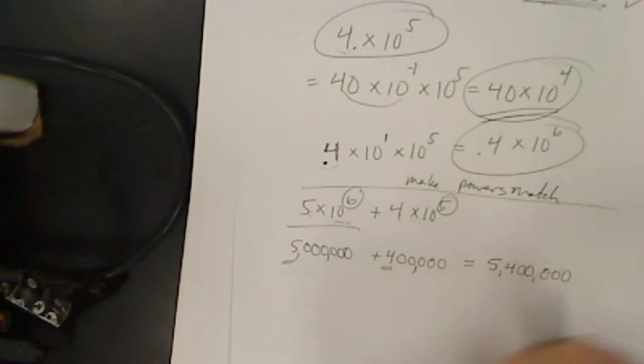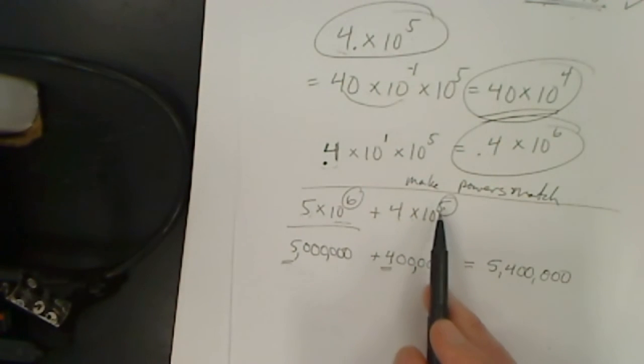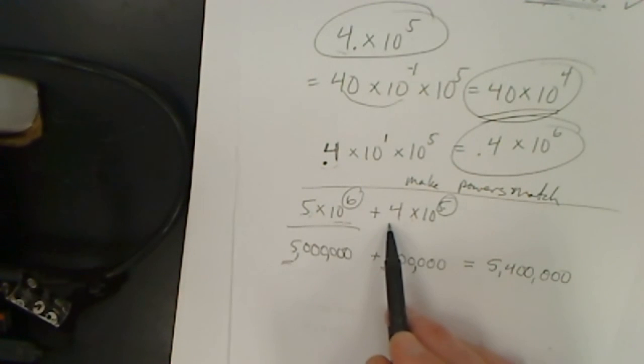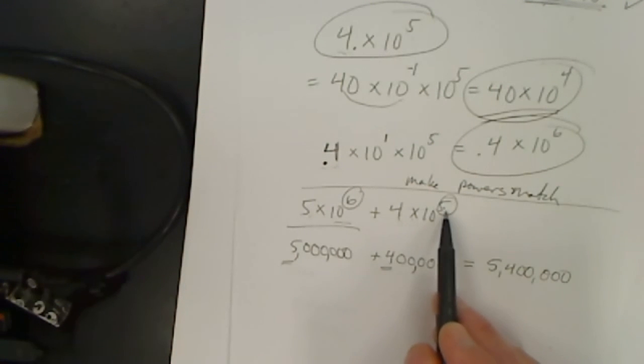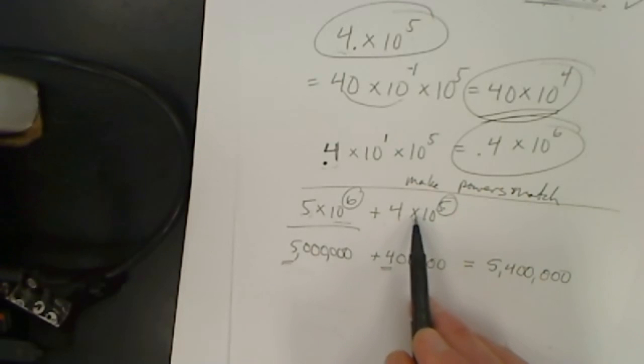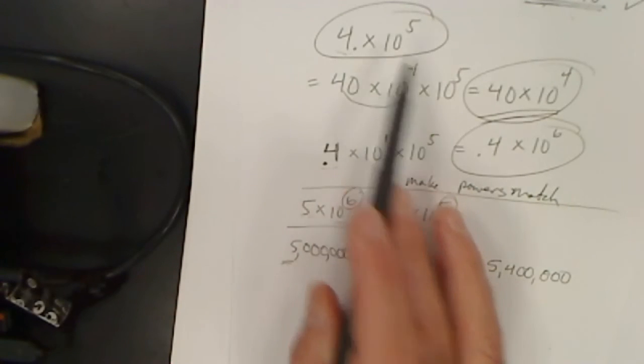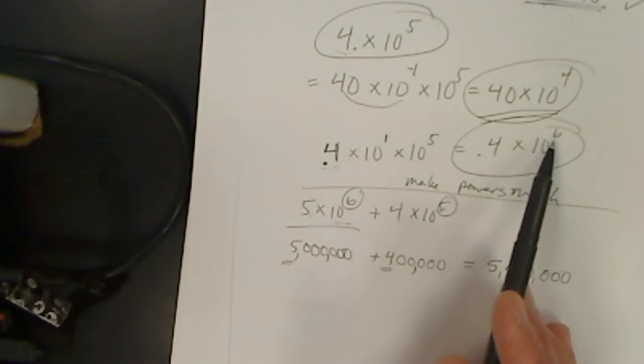So let's try to make it become a 6. How do you make 4 times 10 to the 5th become something times 10 to the 6th? So here was the original number. How did we get 10 to the 6th?